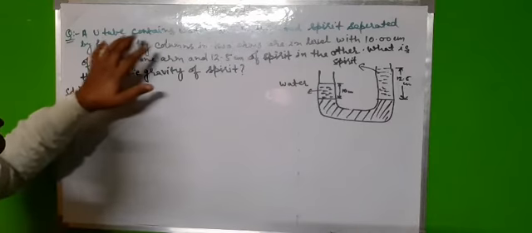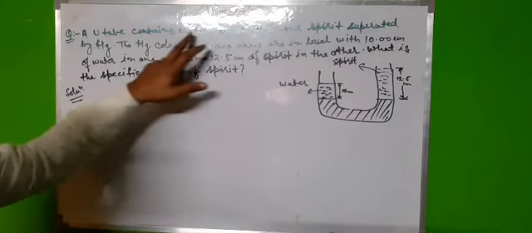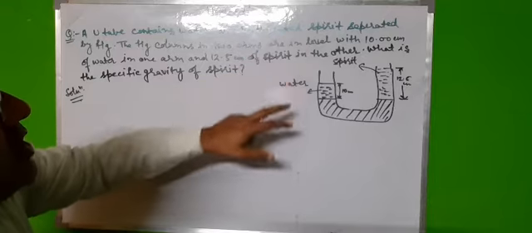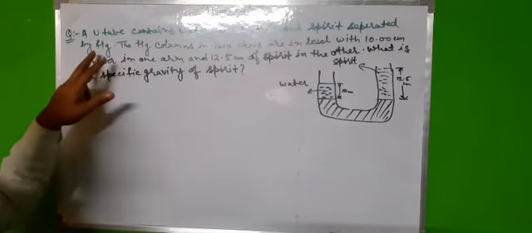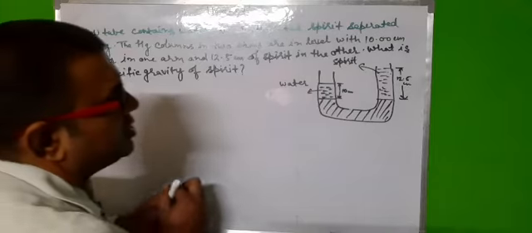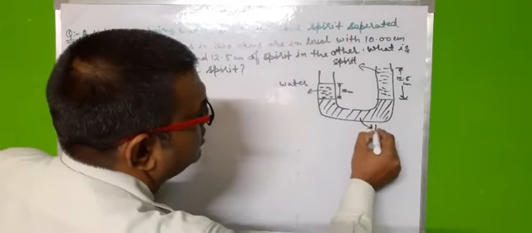A U tube, this is a U tube, contains water and methylated spirit separated by Hg. This is Hg, that is mercury. Both are separated by this Hg.